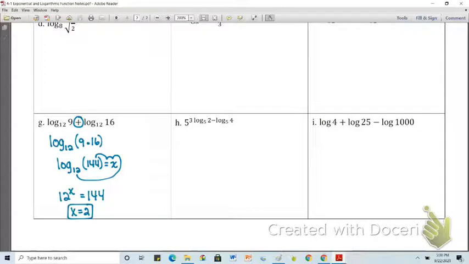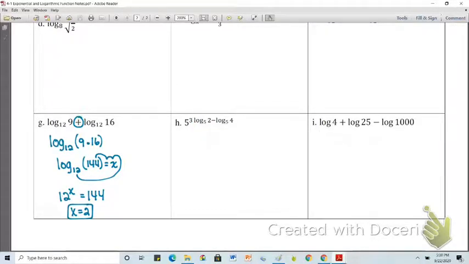Now H, you'll notice I have a big number 5 and a base of 5. Well, I know those are inverses of each other. Those are going to cancel each other out, but I can't cancel each other out until I get rid of all of this. I have to get it down to just 1 log.